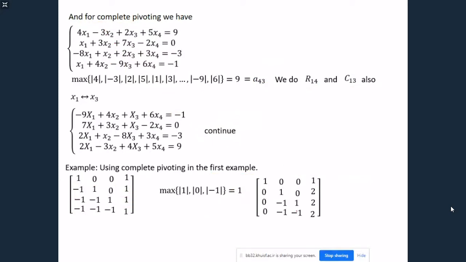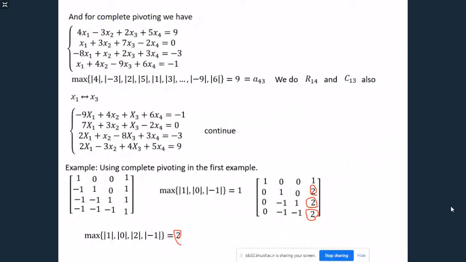We have minus 1, 1, 0, 1, 0, 1, 2, 1, 1, and 2. The maximum between 1, 0, 2, and minus 1 will be 2. It's this, these entries or this one. No problem. We can use the first one. We can use the second and the third. No problem.